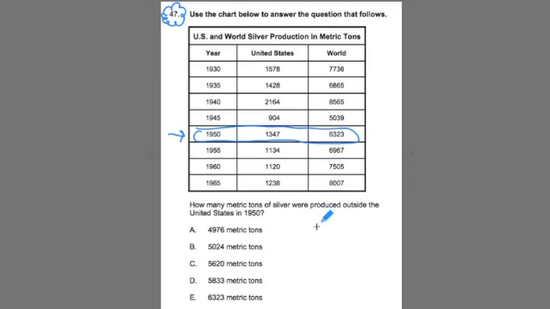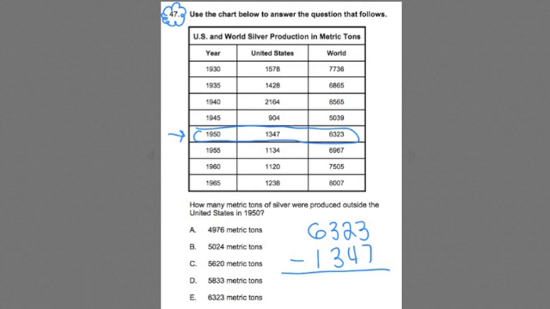The world altogether, including the United States, was making 6,323 metric tons. Now the United States was making 1,347 metric tons. And it wants to know what was made outside the United States. So that's going to be a subtraction problem, involving me subtracting what was made in the world less what was made in the United States.